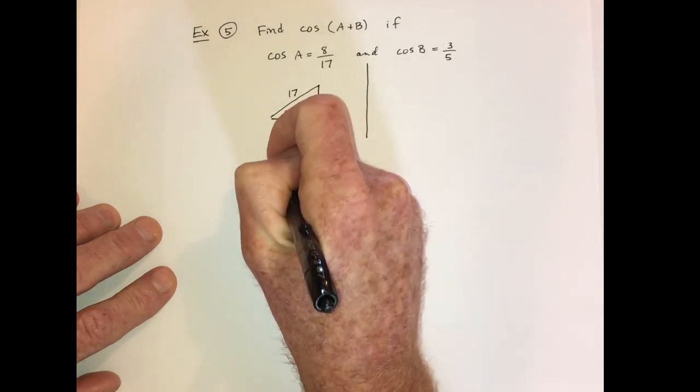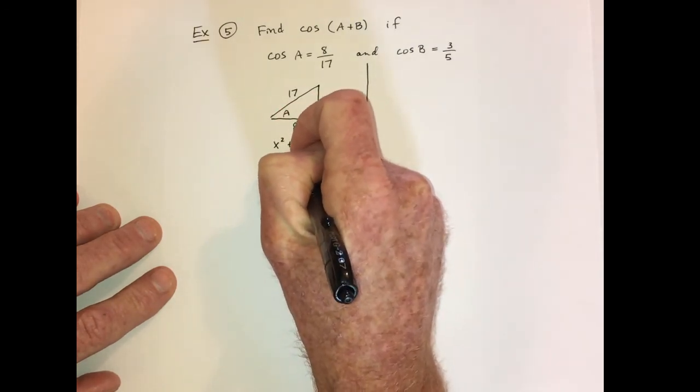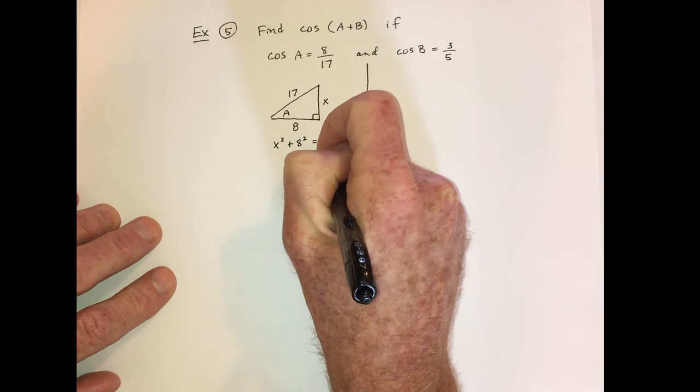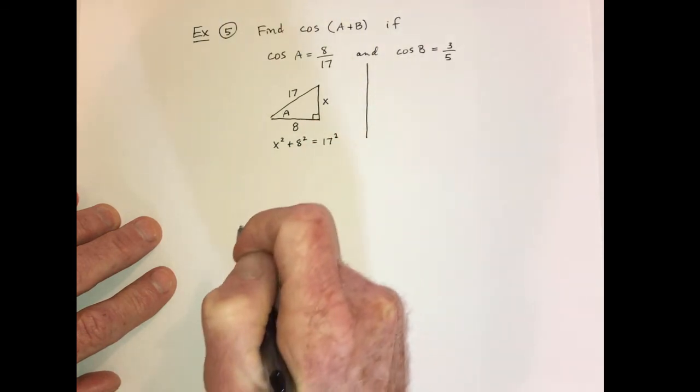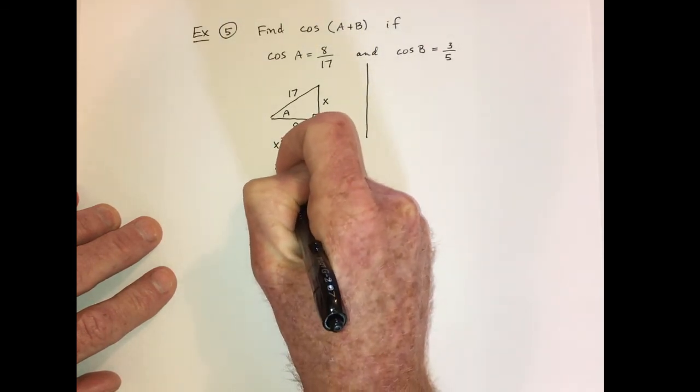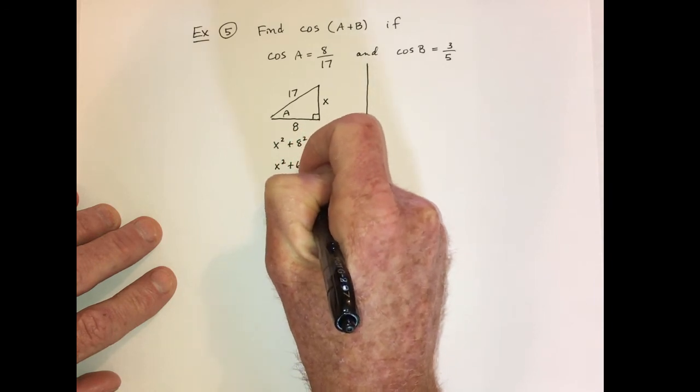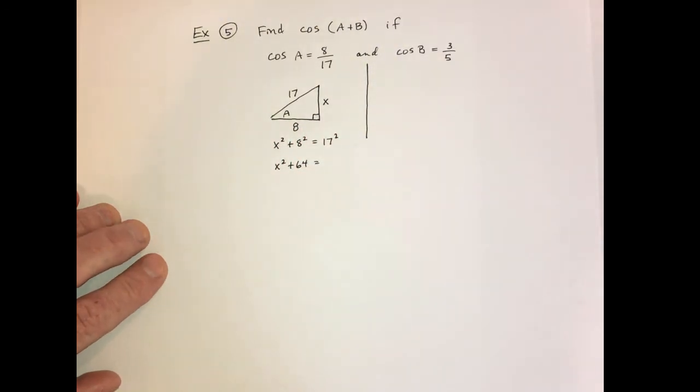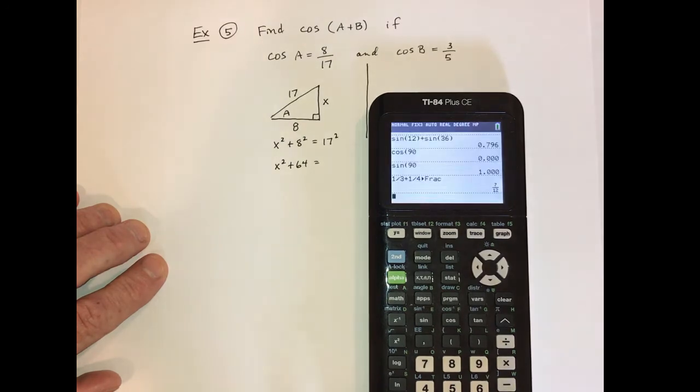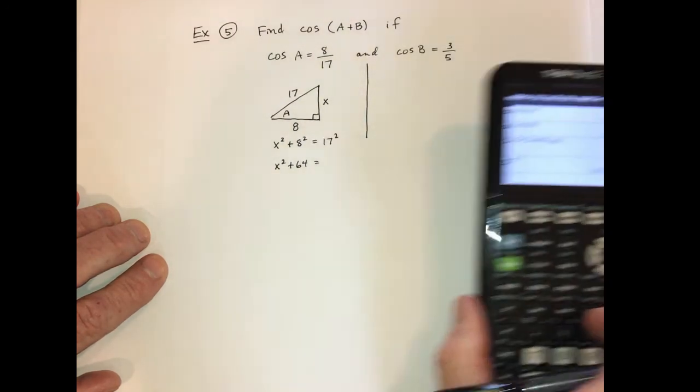So then do the Pythagorean theorem. x squared plus 8 squared equals 17 squared. And then that's going to be 64, and 17 squared is 289.